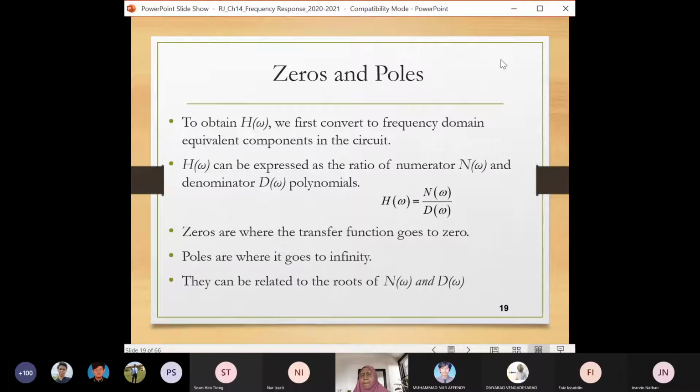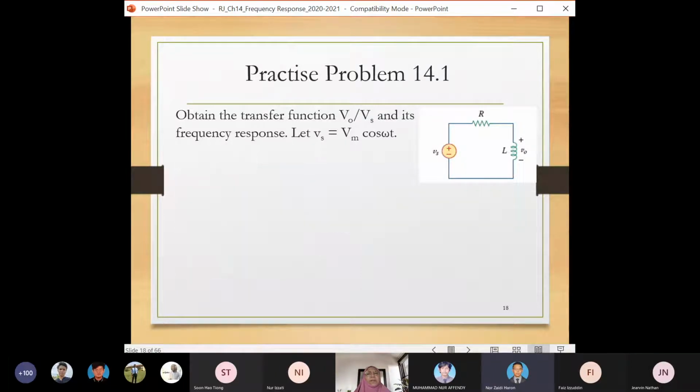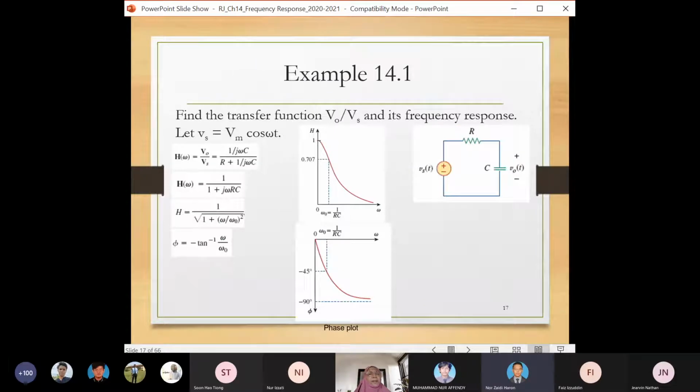Yes? I want to ask about the last example, 14.1. How do you change H omega to H by modulus? How do you get the square root of 1 plus omega over omega naught squared? Which one? The example 14.1, this one, H omega to H. How does it get the square root of 1 plus omega over omega naught squared at the bottom?